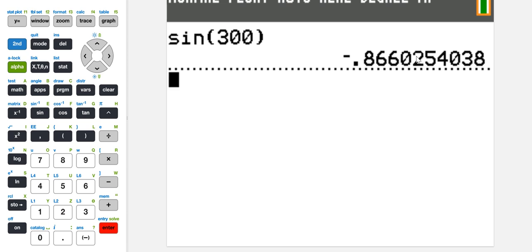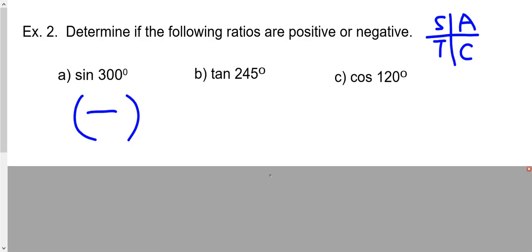We don't care what this number is. We just know that it's going to be a negative number. Next, tangent 245 degrees. 245, 90, 180, 270, so it's going to be here, quadrant 3, tangent is positive. So we are going to end up with a positive number. We will look at that specific number in the next class.